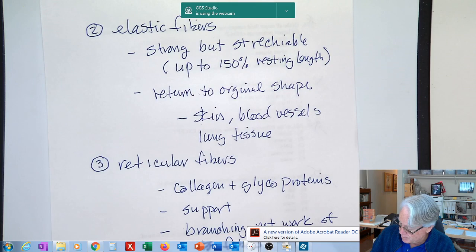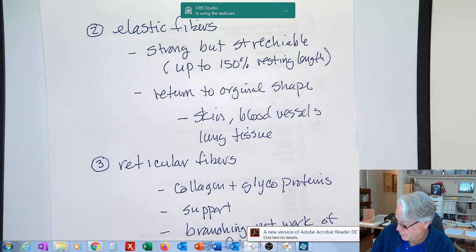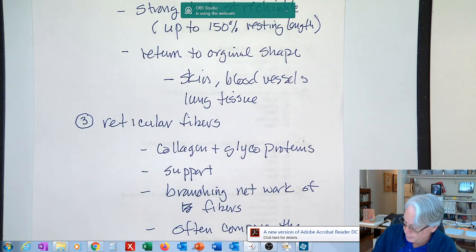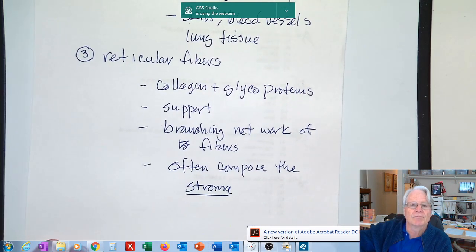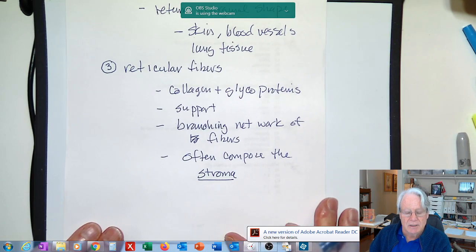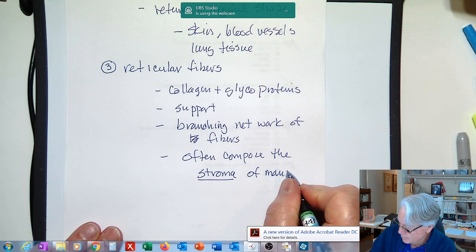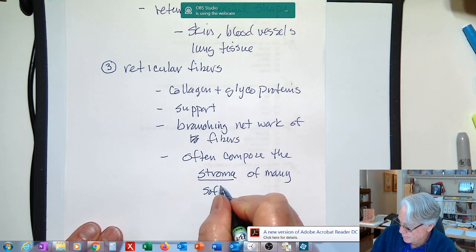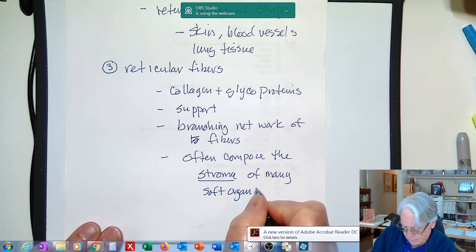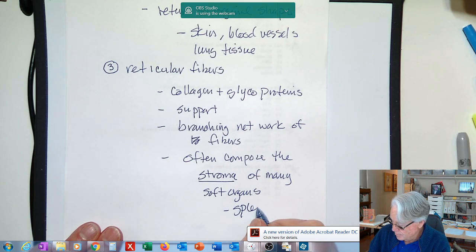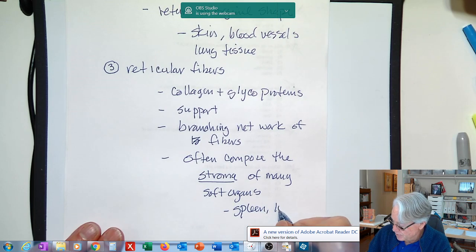And they often make up something called the stroma of many soft organs. Right. So some examples would be the spleen, the lymph nodes.